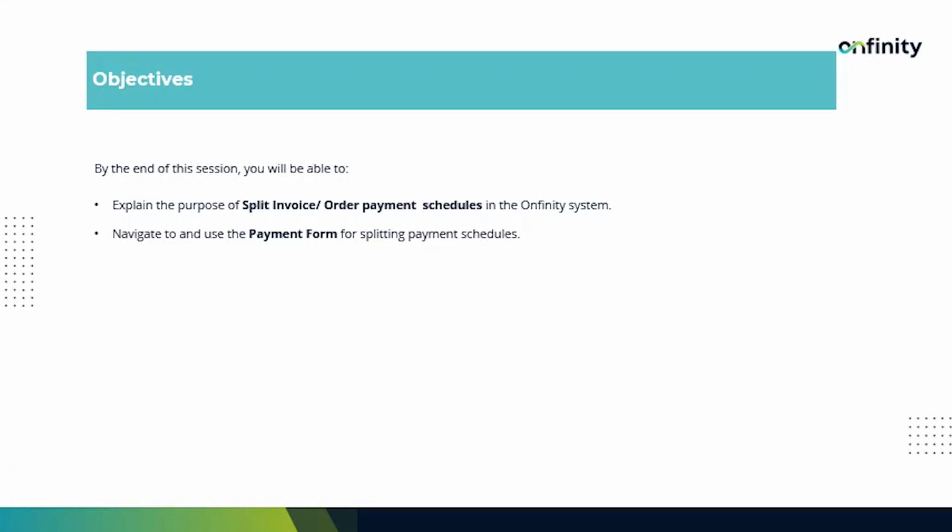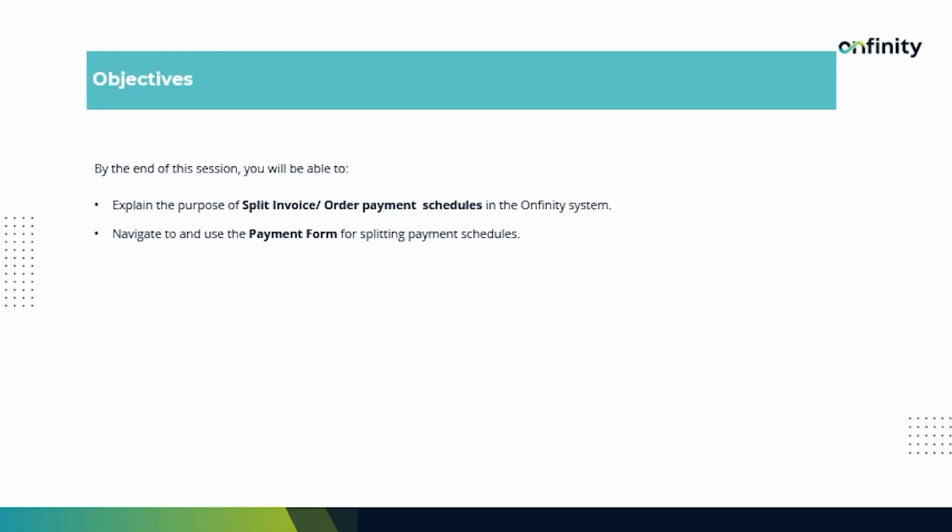Training objectives. By the end of this session, you will be able to: 1. Explain the purpose of splitting invoice or payment schedules in the Onfinity system, and understand when and why users might need to split them. For instance, if a customer or vendor requests a change in the payment term, asking for a new payment plan instead of the one originally defined, we can handle that requirement using the payment form. 2.